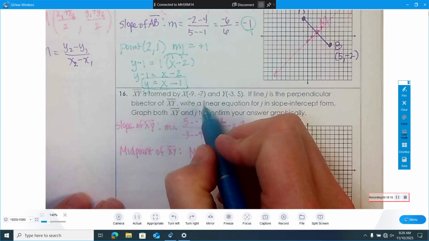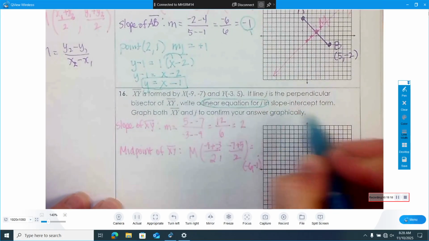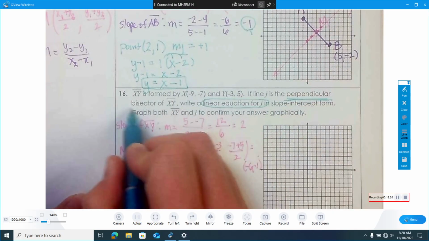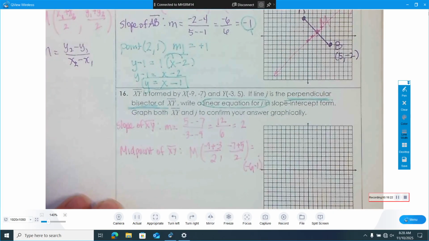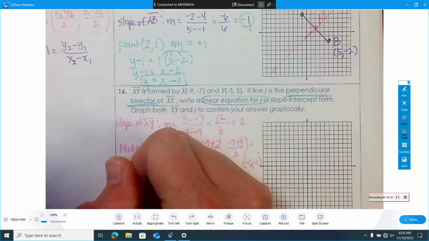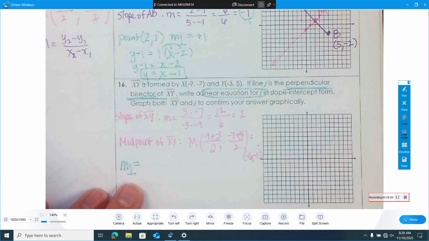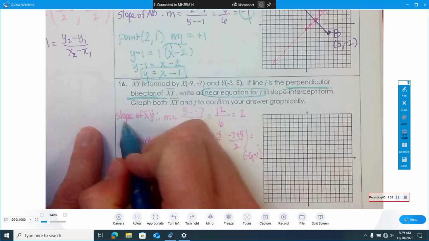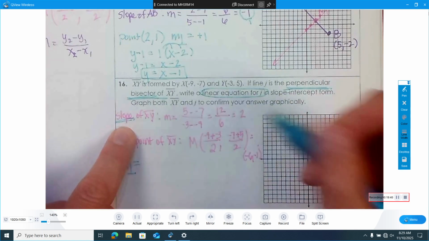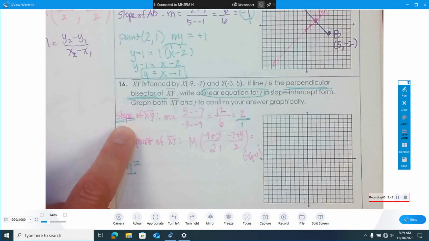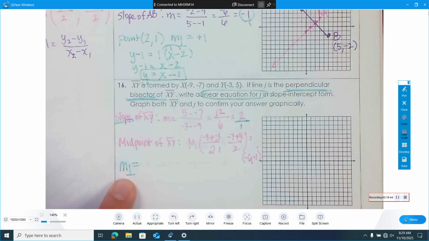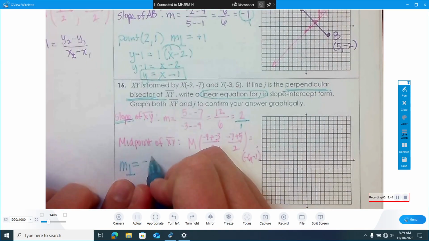All right, now to write our linear equation for line J, that is the perpendicular bisector. What is our perpendicular slope going to be? My slope is 2 over 1, and we want the perpendicular, which would be negative 1/2.